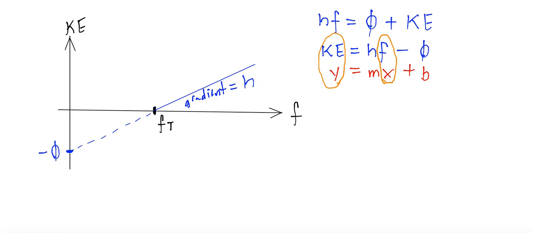So again, gradient of the graph is a Planck's constant, and y-intercept is negative work function. So if you have a graph how kinetic energy of removed electrons depends on the frequency of light, then gradient of this graph is a Planck's constant, and y-intercept of this graph is negative work function. So you can use graph to find these two quantities, Planck's constant and work function.